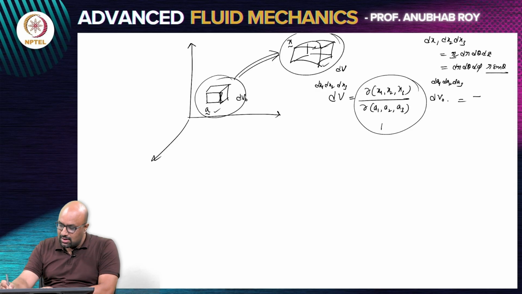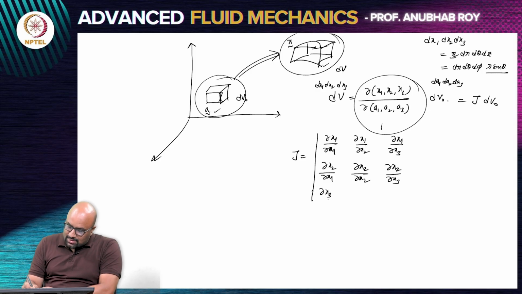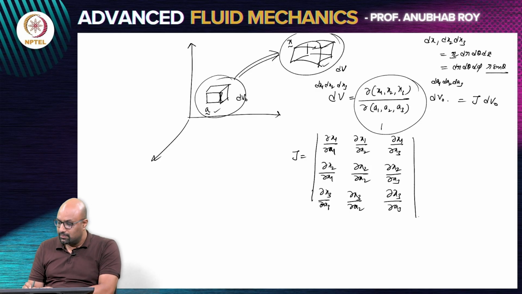Now this, which is the Jacobian for the transformation, can be written as the determinant of this particular matrix: dx1/dA1, dx1/dA2, dx1/dA3, dx2/dA1, dx2/dA2, dx2/dA3, dx3/dA1, dx3/dA2, dx3/dA3.